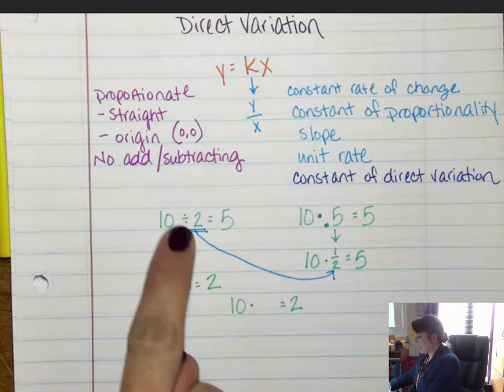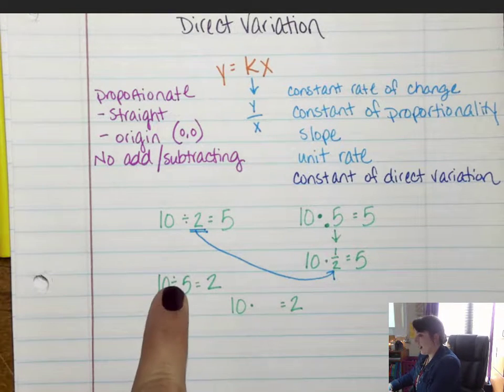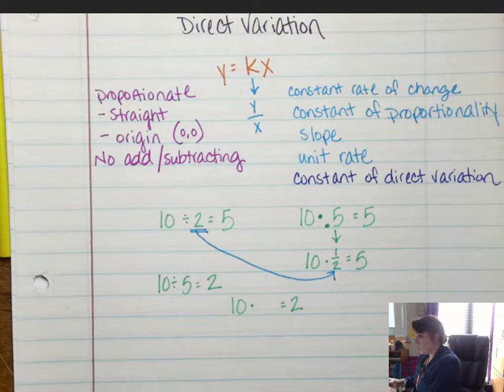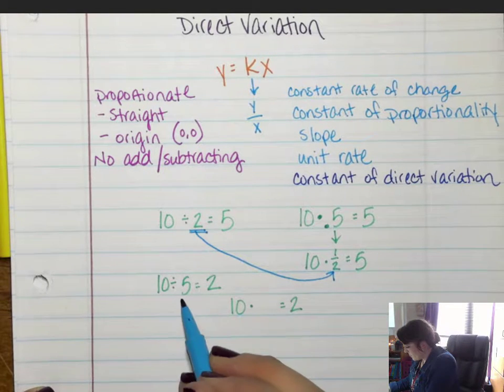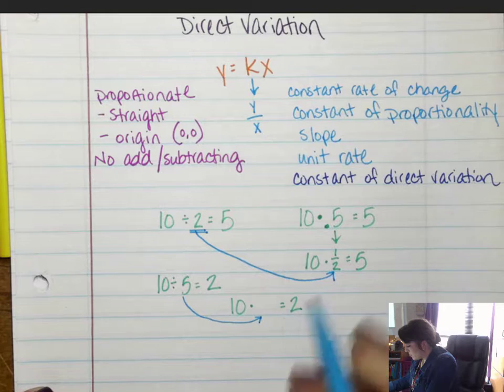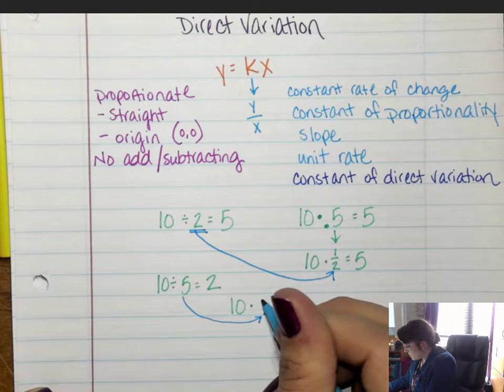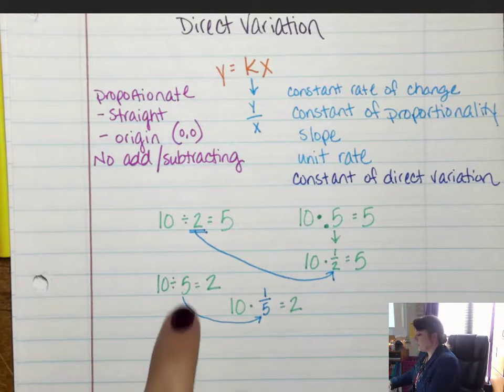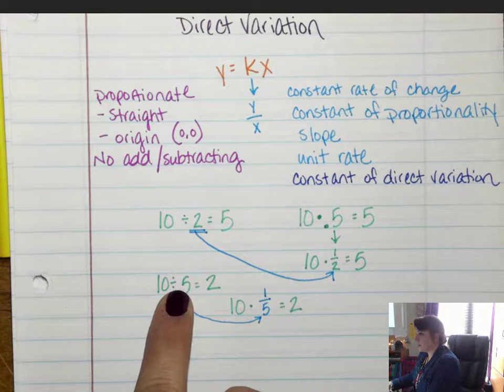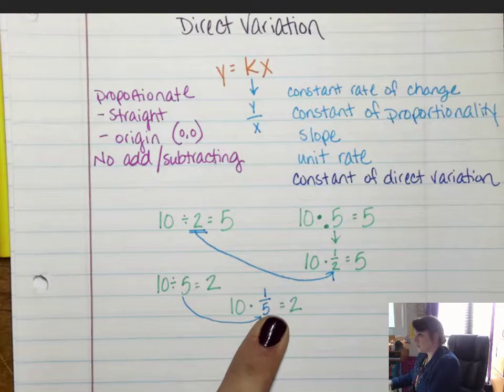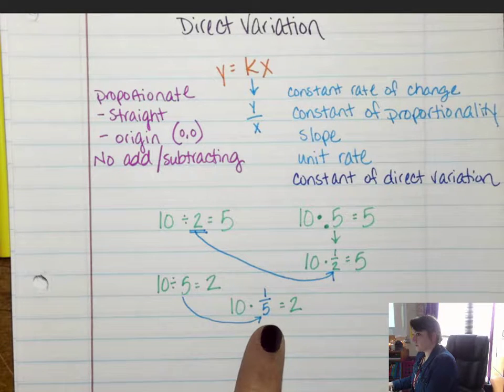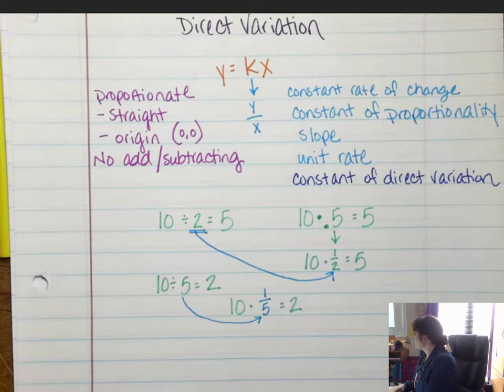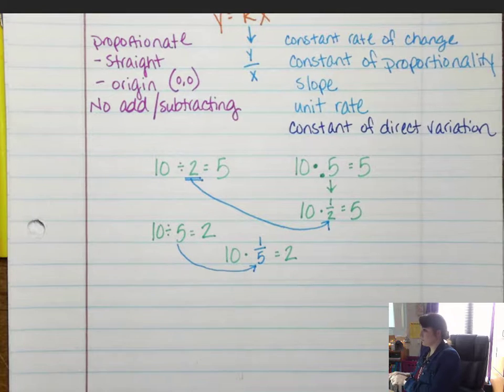If 2 became 1/2, 5 becomes 1/5. So if you're getting a divide relationship, flip it and make it a multiply relationship. You're going to get a couple that are that way.